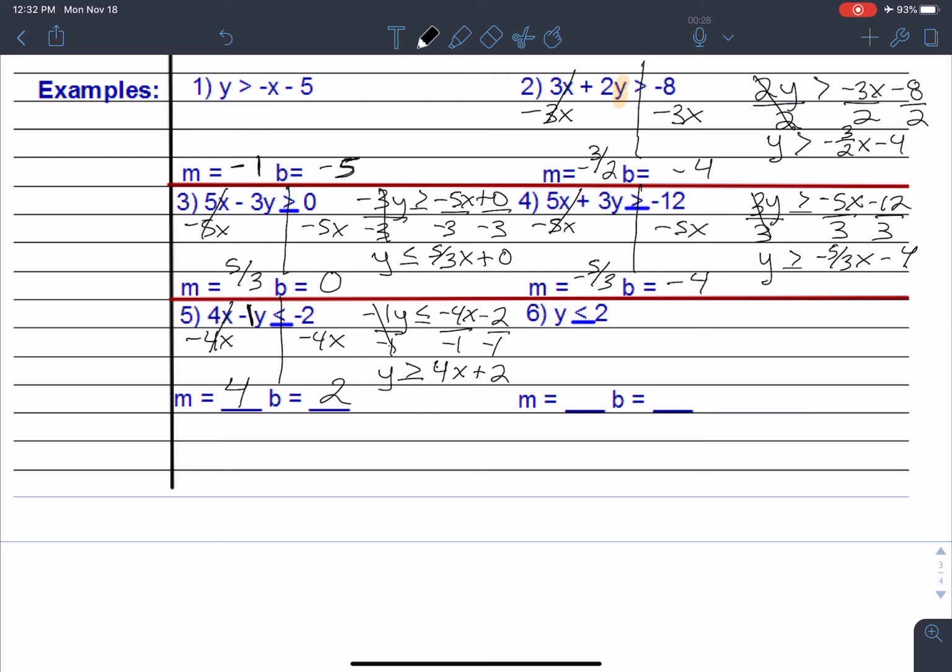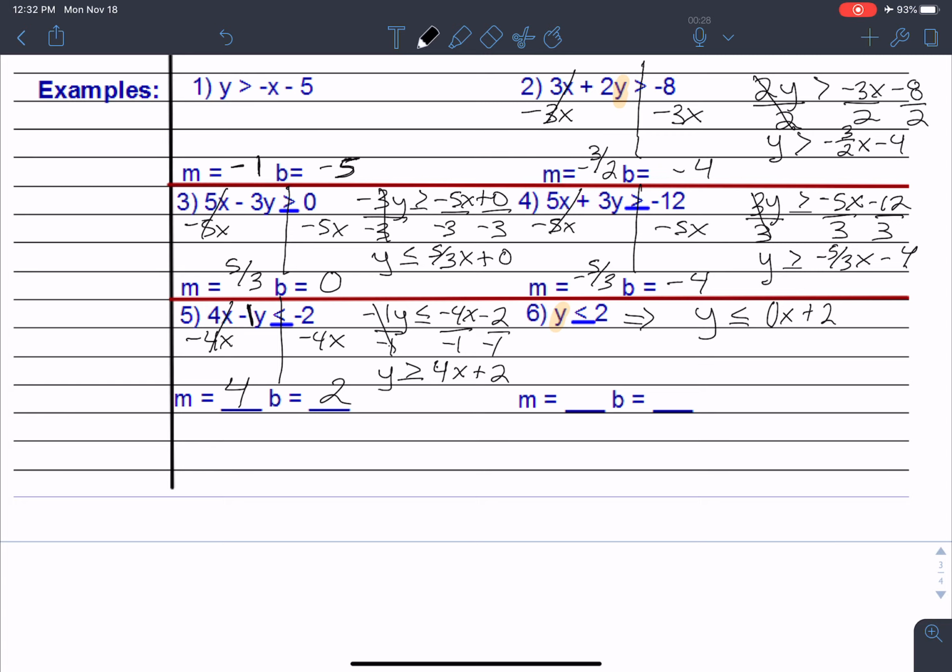All right, and then on this last one, I have y is less than or equal to 2. So my y is already alone, but I have something missing. So I can rewrite this as y is less than or equal to, and since there's not a term with the x, I really don't have an mx present, but I have the +2.